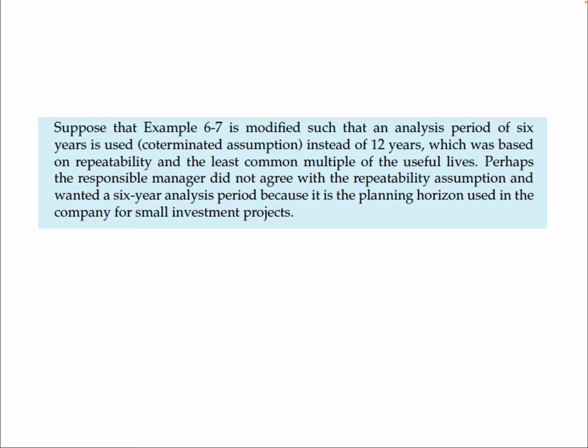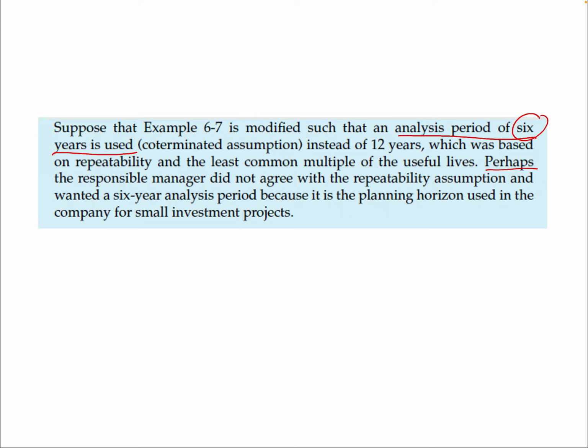And another method of handling this problem is, okay, we can just say the study period is 6 years instead of 12 years. Perhaps this is determined by the manager who does not agree with the repeatability assumption, and the manager wants to consider the situation just within 6 years.